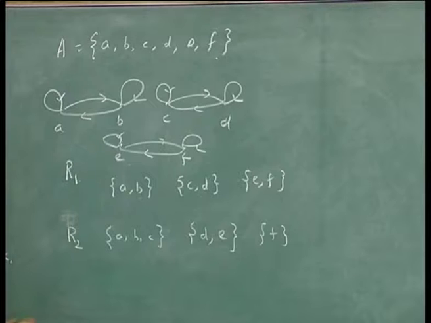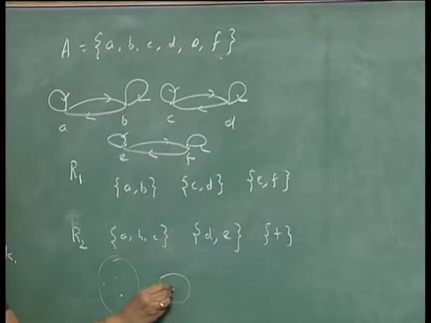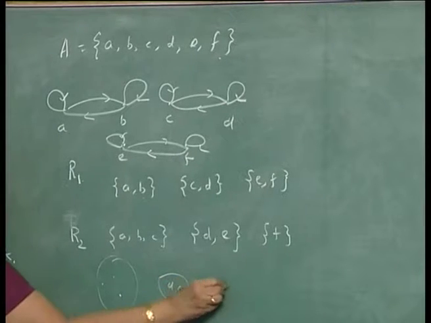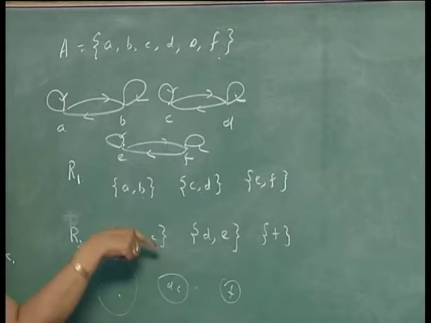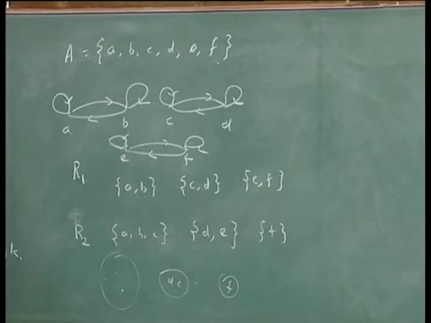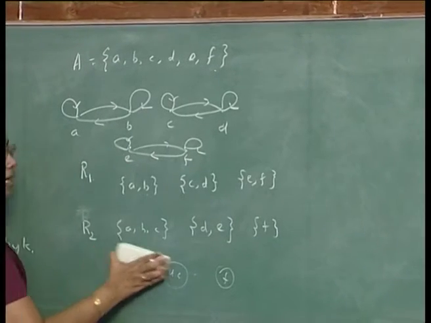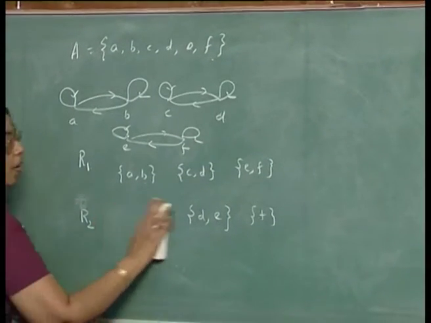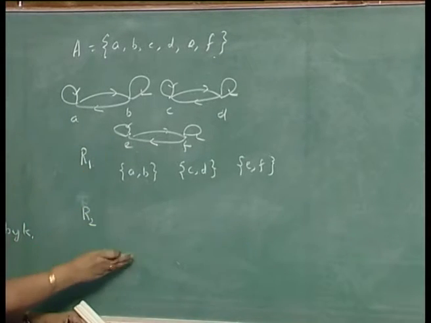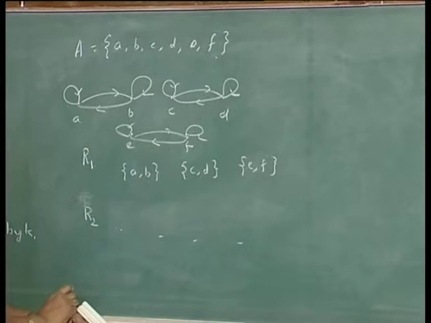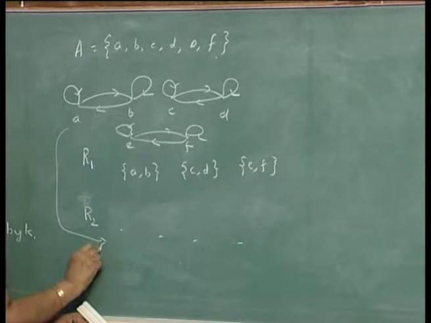If I draw the diagram, there will be a complete digraph with a, b, c, a complete digraph with d and e, and a complete digraph with f. They are different. This is not the same as this. And when will R2 be equal to R1? Only when you have the same digraph for R2 also, then only the relations are the same.